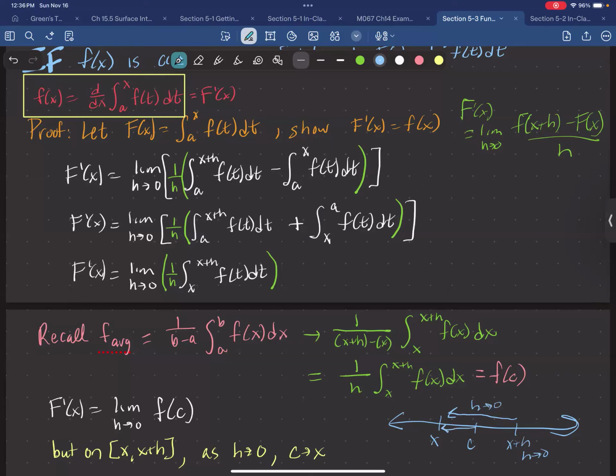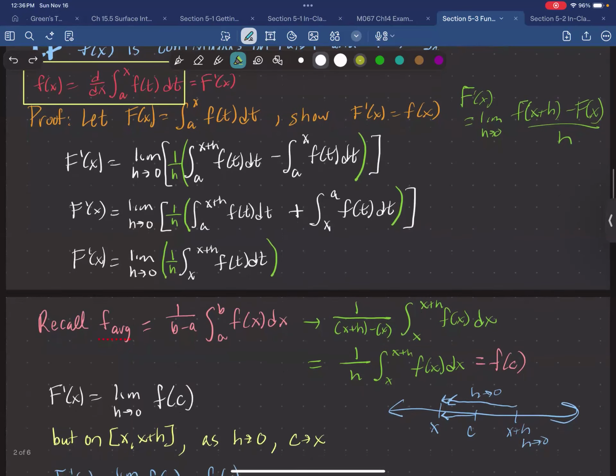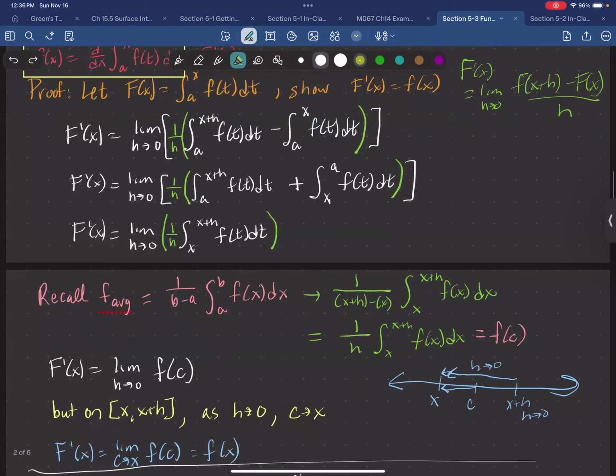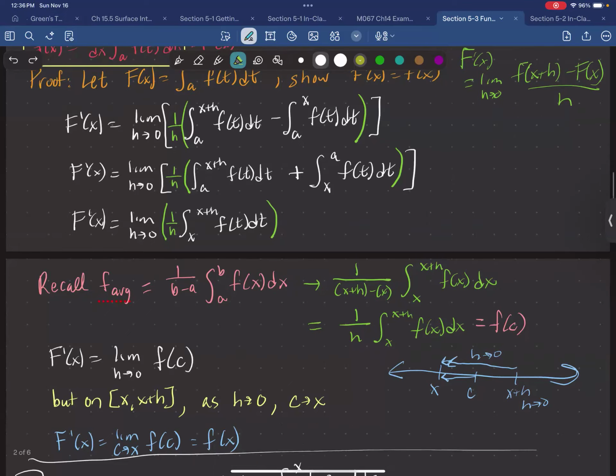When h gets all the way down, c is approaching x. So as h goes to 0, c goes to x. I'm going to rewrite that limit as c goes to x of f of c. So F prime of x equals the limit as c goes to x of f of c. We just plug in x for c because it's a continuous function, and we get F prime of x equals f of x. Bam, done.